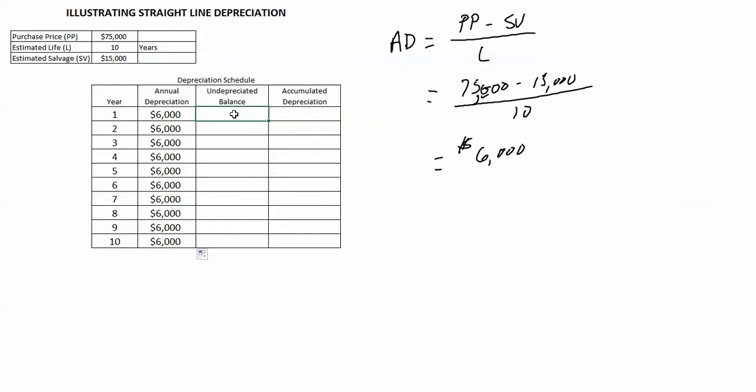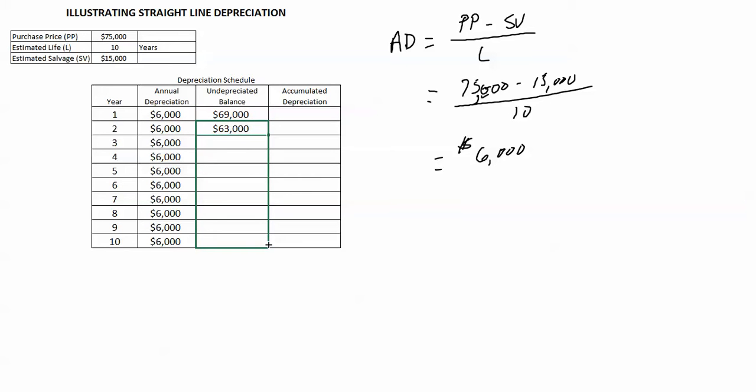So this formula would be equal to the original $75,000 minus this $6,000 of prorated depreciation. So what it's telling you is of that $75,000 purchase price, you have yet to prorate $69,000. In the second year, your formula would be equal to the first year minus how much you prorated or depreciation in year two. And of course, now I can drag that formula.